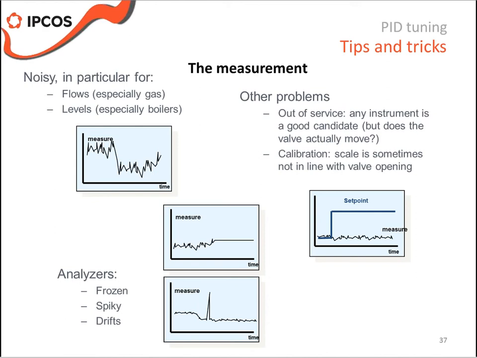Also, there might be calibration issues. So there are lots of things you need to make sure are okay before you say, okay, this is really a tuning problem, and let me go and tackle the tuning. Sometimes it could be other issues that are causing poor performance of that PID loop. So think about the measurement.